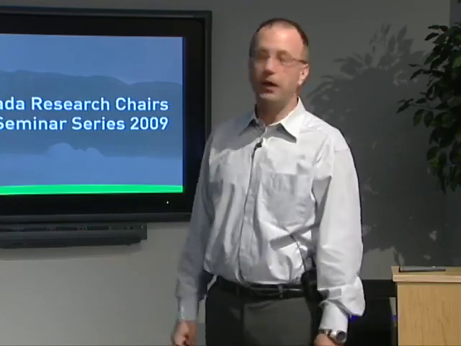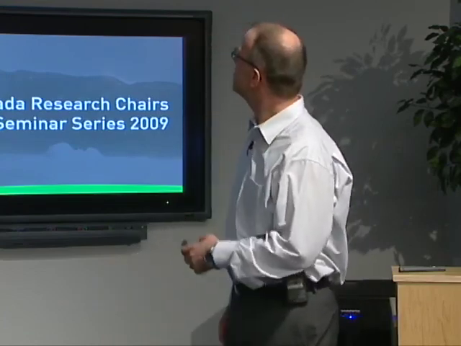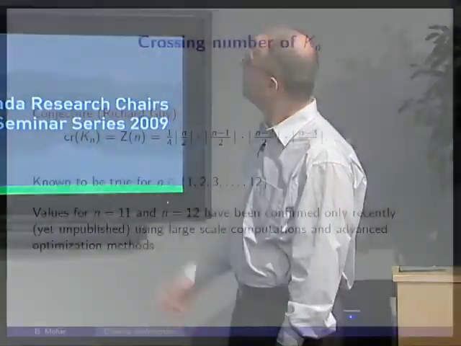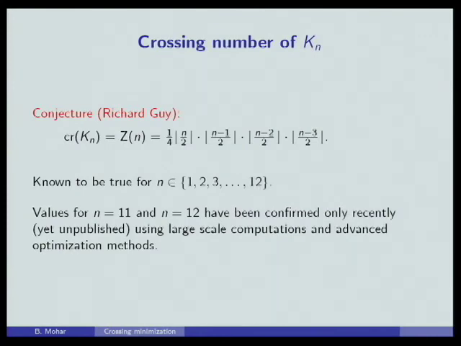So I will mention a couple of results stating what is known. Here, this is a conjecture. It was made by Richard Guy, another Canadian mathematician. He didn't work only in graph theory. He was famous because he had a problem session in a monthly, and this was one of the problems.